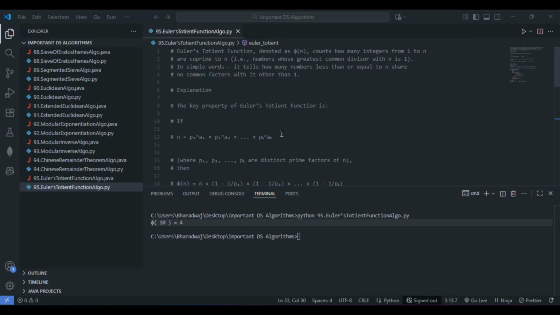So let's speak about those tomorrow, as we're done with today's algorithm. Tomorrow we'll be discussing the Miller-Rabin primality test algorithm as well as the Pollard Rho factorization algorithm. So for now, this is it.